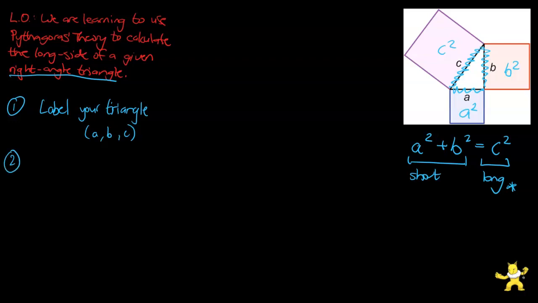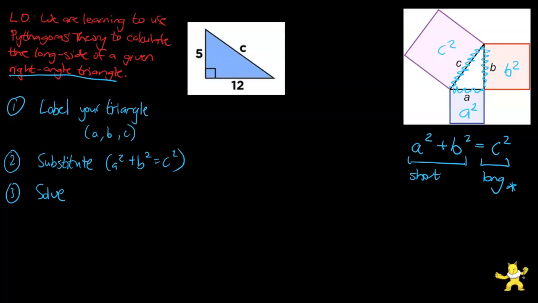Once you've done that, you're going to substitute into your formula, and don't forget that's A squared plus B squared is equal to C squared. And then once you've done that substitution, you're going to solve. Once you've solved it, that will give you your final answer. That will help you figure out what your side of the triangle is.